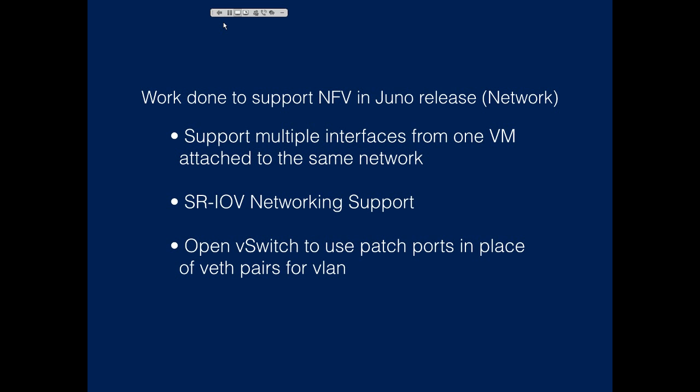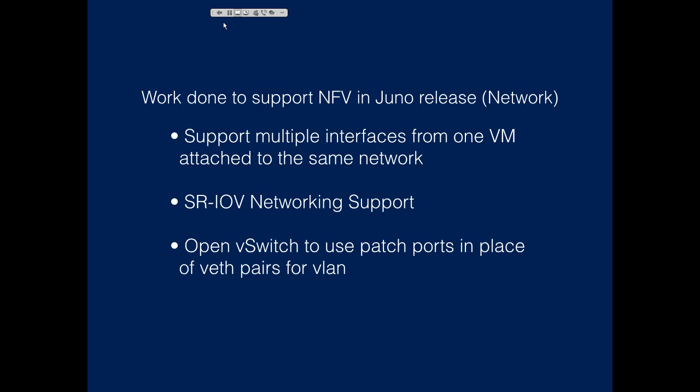Okay. And the third thing is allowing Open vSwitch to use patch ports instead of vEth pairs for VLAN. Previously, when you were implementing the OVS plugin, you were using vEth pairs for connecting these bridges.